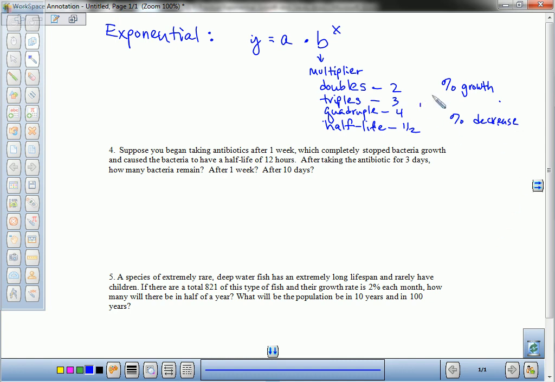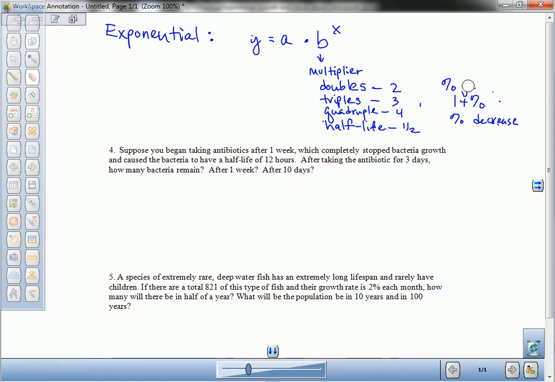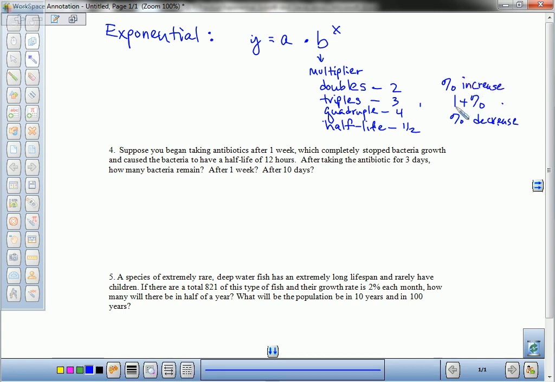If they give us a percent to find that multiplier, we have to do 1 plus the percent written as a decimal when it's growing or increasing. So let's say increase here and decrease. Anything that means increase, growing, would be 1 plus the percent written as a decimal. Anything that means decrease would be 1 minus the percent written as a decimal.